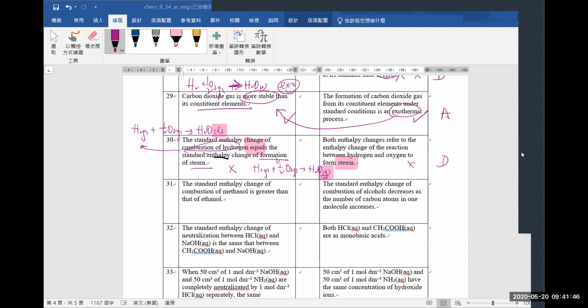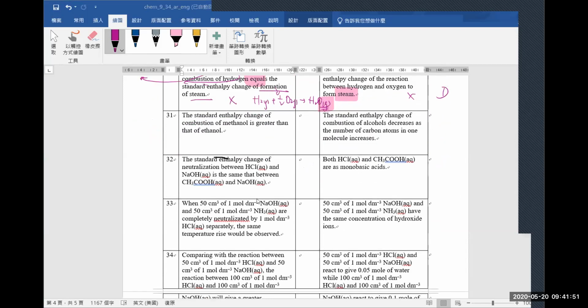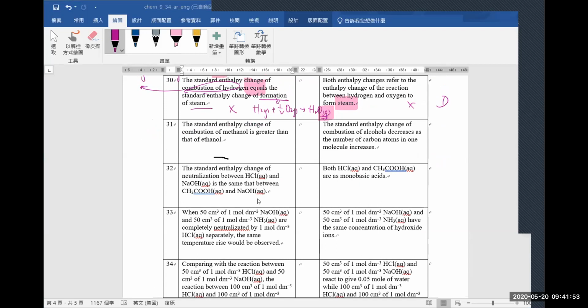31. Last 10 questions. Go, go, go. Okay? The standard enthalpy change of the combustion of methanol is greater than that of ethanol.